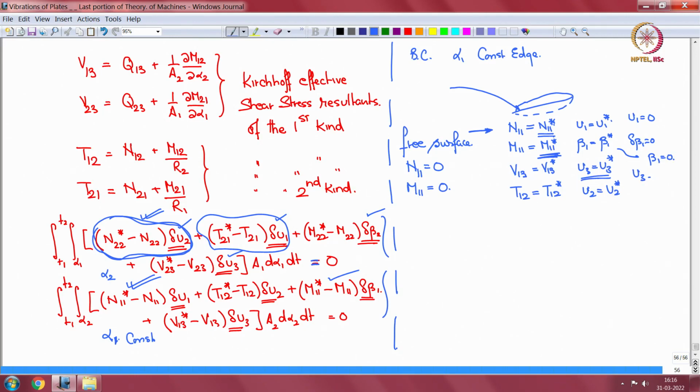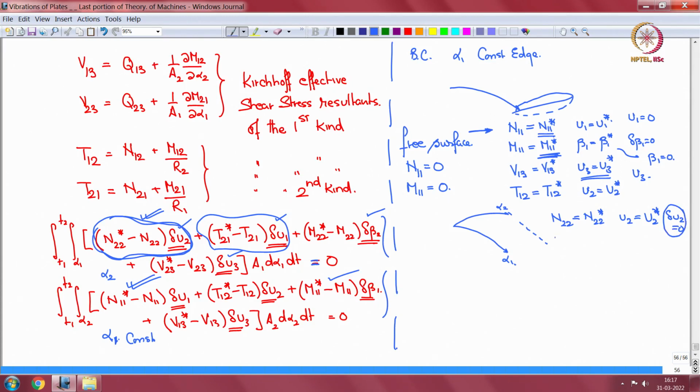Okay. Similarly, at an alpha 2 constant edge, this is the alpha 2 constant edge, you will have N22 equal to N22 star, or U2 is specified. Once it is specified, delta U2 is 0, it cannot be changed.